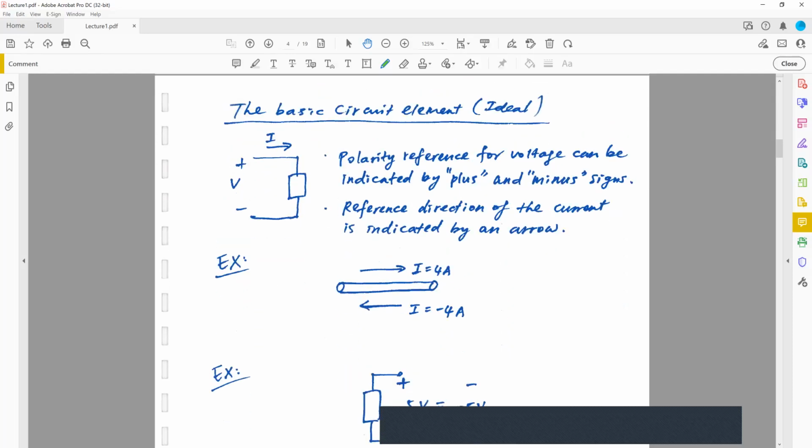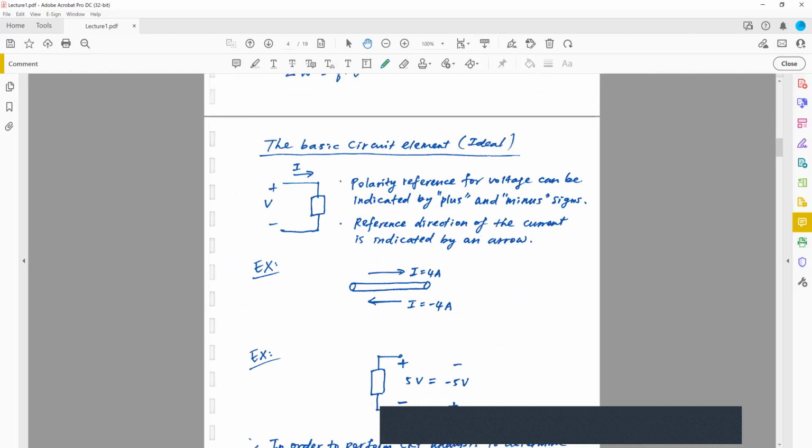Let me give you some more examples here. I wanted to specify the polarity associated with the current flowing through this piece of wire. Assuming that I have a current of 4 amps going from left to right, the current going from right to left is going to be the opposite of whatever this number is.